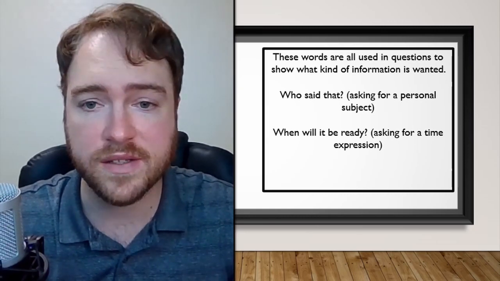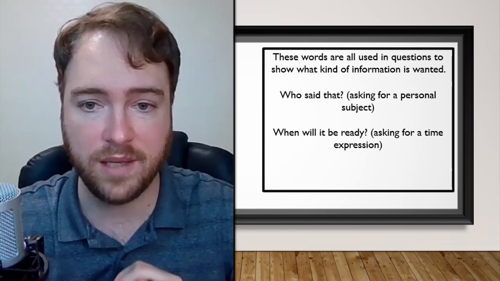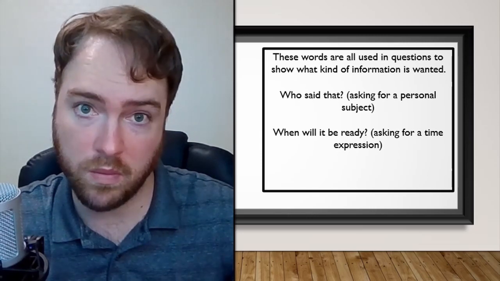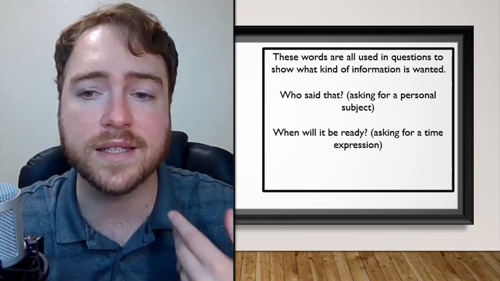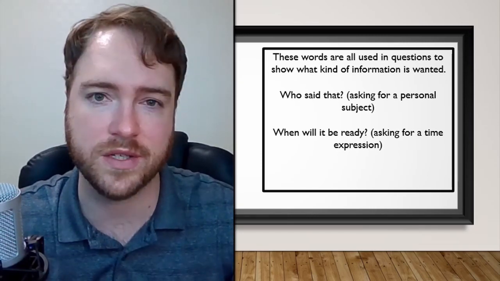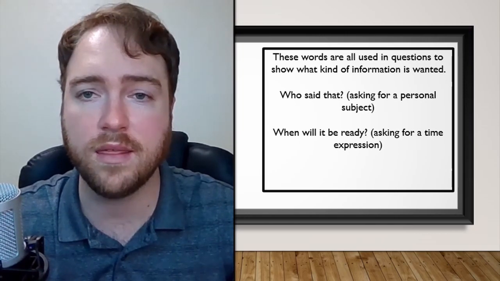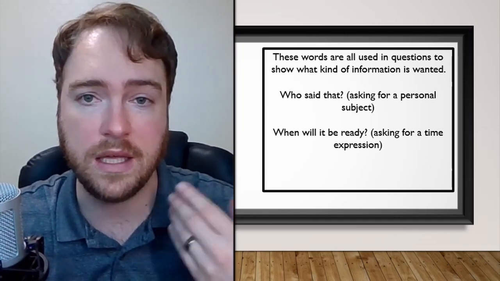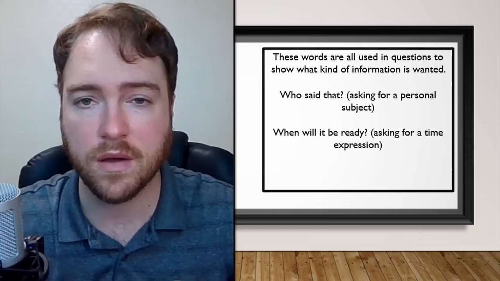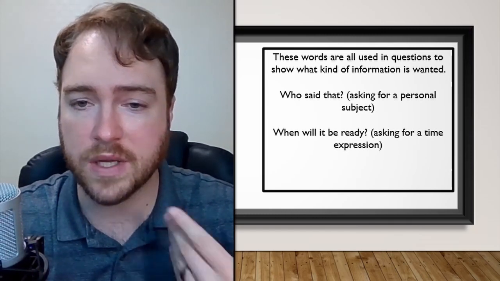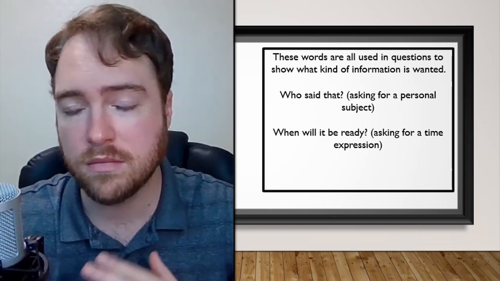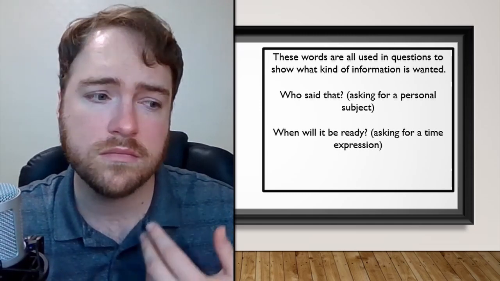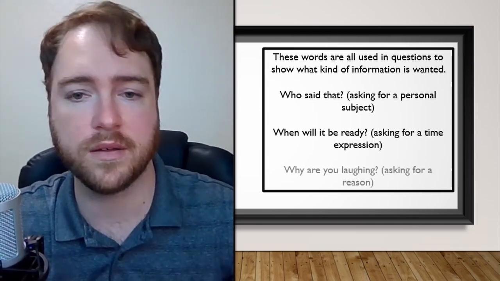So in this sentence, when will it be ready? The word when shows that you're asking for a time expression, usually starting with a preposition like in or at, okay, or on. So you can answer in December or at 5 o'clock.